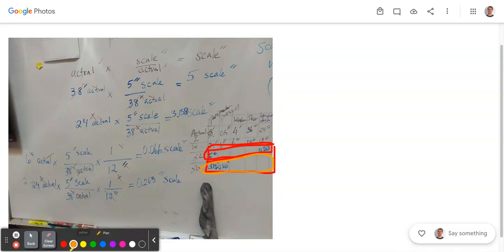You're going to do that by converting from your actual lengths, the lengths we measured in class, and our actual widths. These are our actual widths over here, the second row.